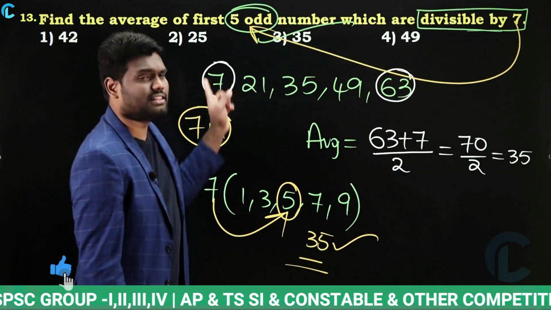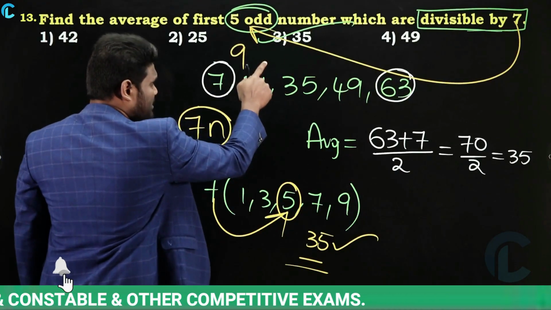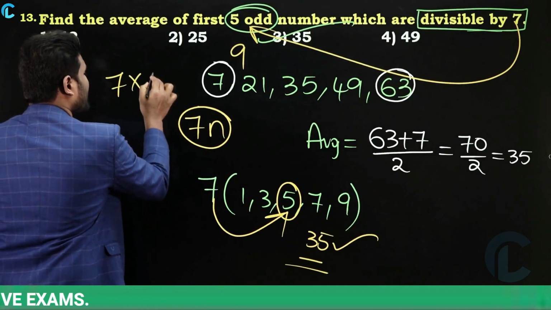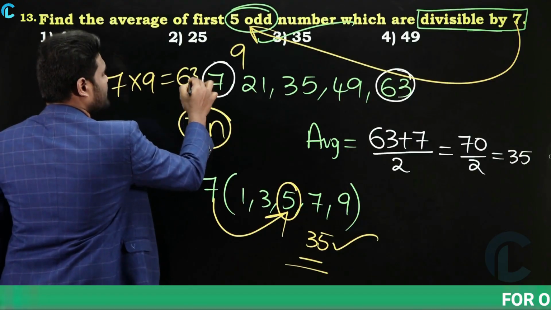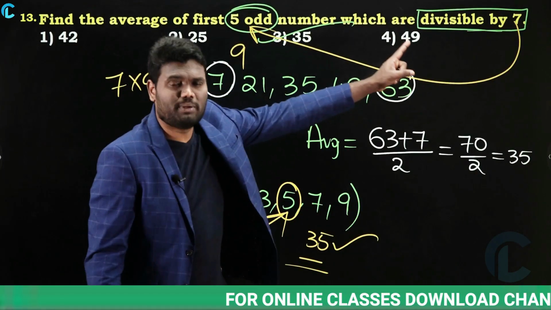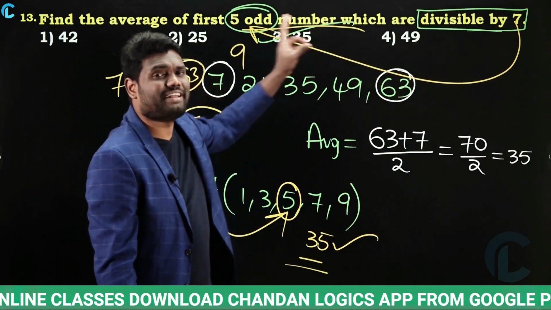So 7 into 5, that is 35. If I ask for the first 9 odd numbers which are divisible by 7, then you can say 7 into 9, that is nothing but 63. Directly you can say 7n. When it is divisible by 7 and it is regarding odd numbers, you can directly say 7n.